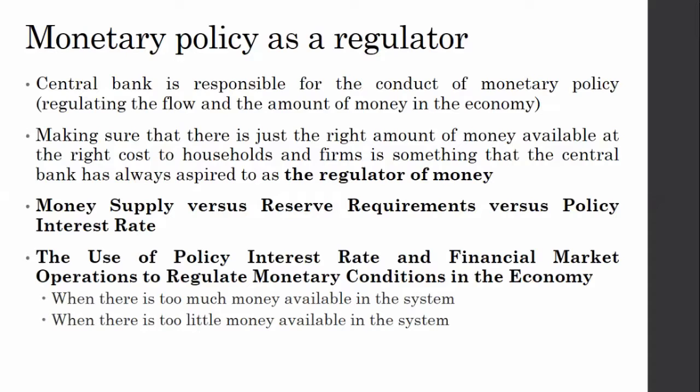So the third point: money supply versus reserve requirement versus policy interest rate. What does that mean? Normally, the central bank no longer attempts to set a target for money supply. Why?